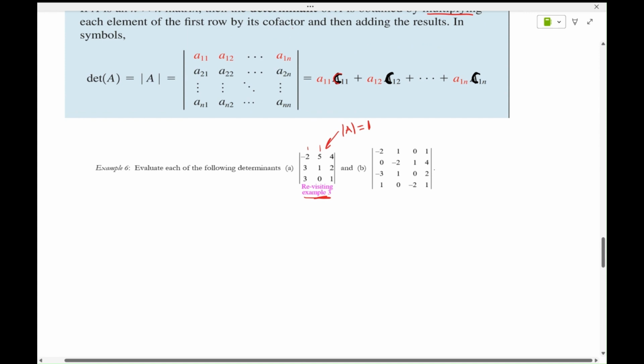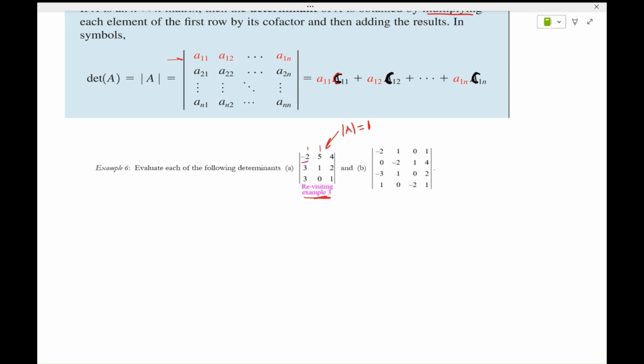Now, how does this method work? I'm going to do it in maybe 2 ways, so please watch. Based on what I have here, it says take the first row and multiply each element by its cofactor. What is the first element here? It is minus 2.